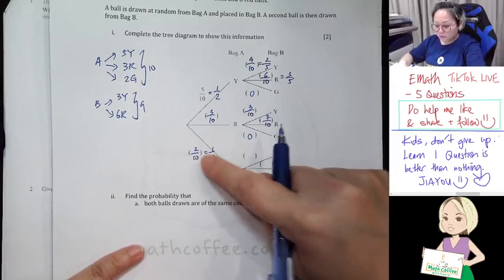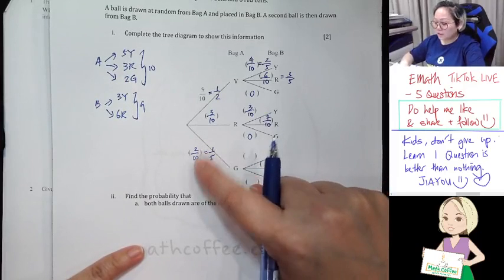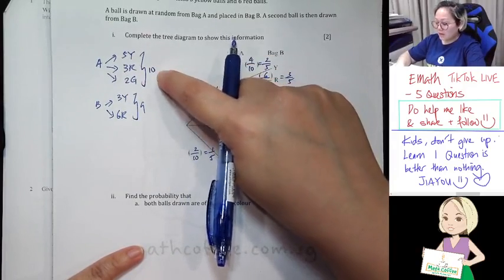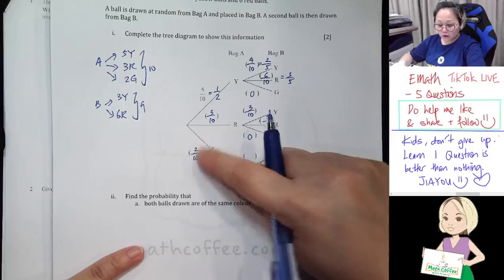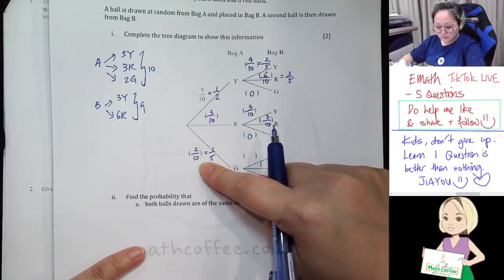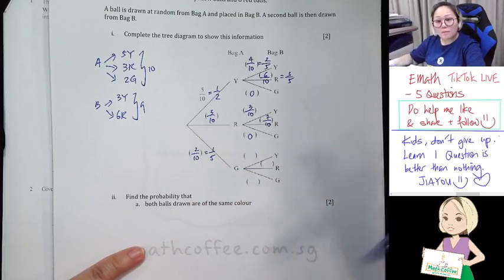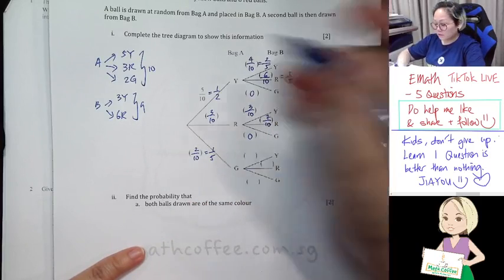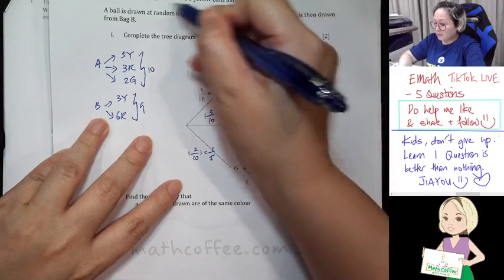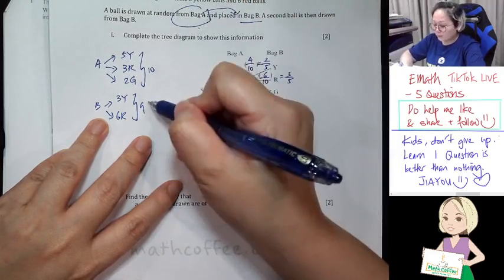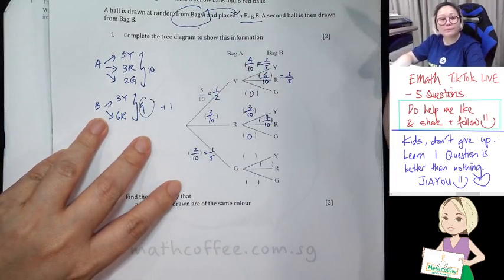It's still out of 10, this one. Because you see, this one is the first, my bag A got 10 balls, and it is 2 green out of 10, so it's 2 out of 10. Remember the ball, add one more. You see, they say after they pick from bag A, they place it in bag B. So your bag B, actually the total will plus 1. So it becomes 10 balls already, instead of 9.